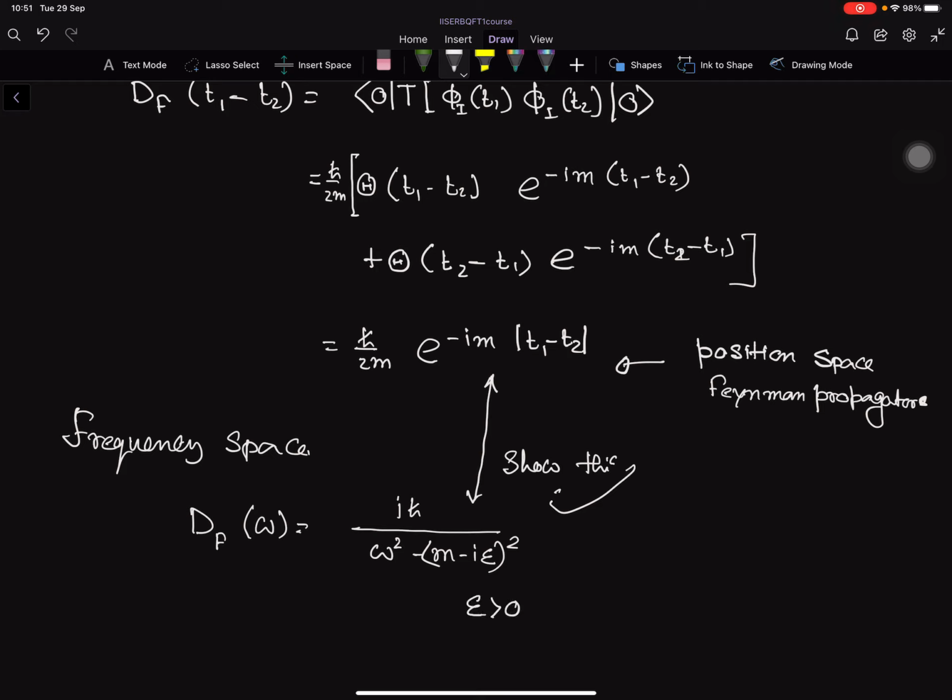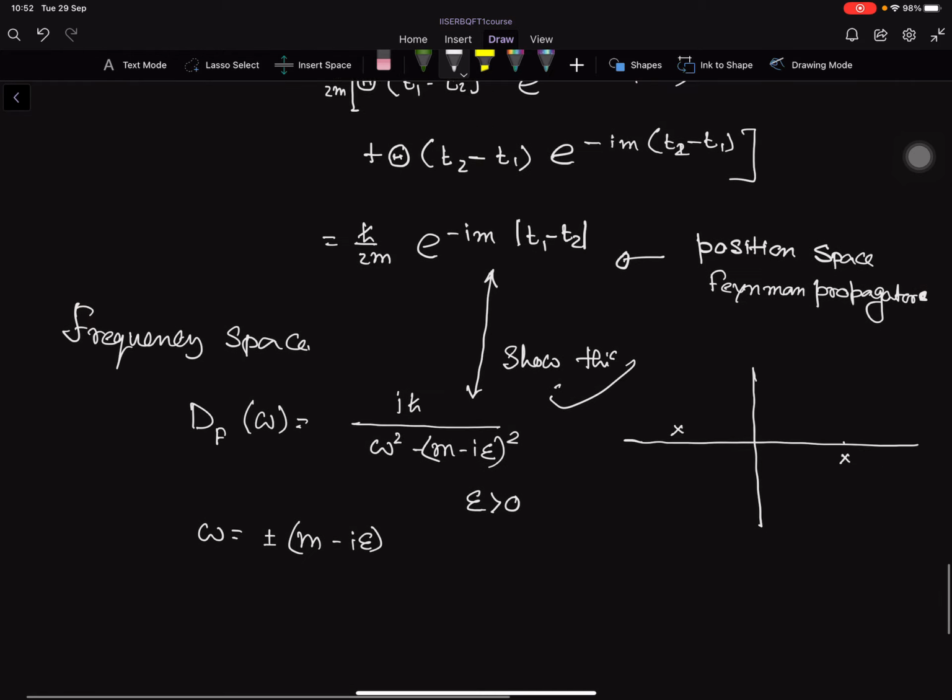The interesting thing about this propagator is that if I try to plot in the frequency space, then the poles are at omega equals plus or minus (m minus i epsilon), which means for one the pole is down here and for the other the pole is up here.